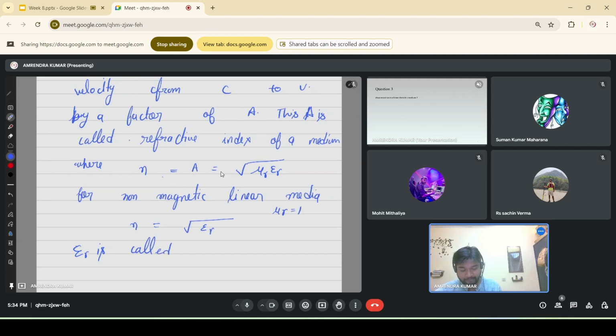Epsilon r is called the dielectric constant of a media.